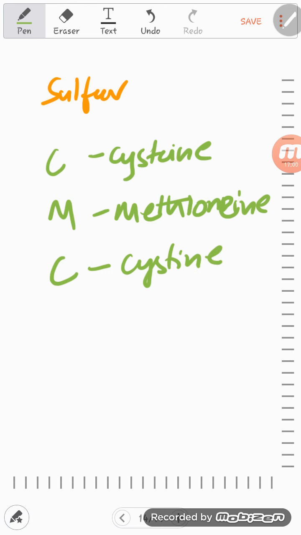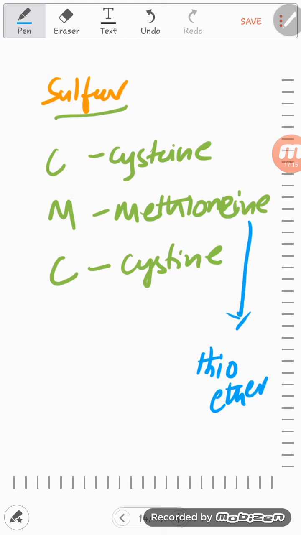Okay, these are the ones. Out of which they can ask a sub question: which of these sulfur containing has a thioether in it? Okay, so this can be the question.